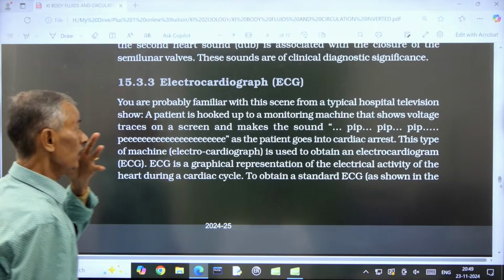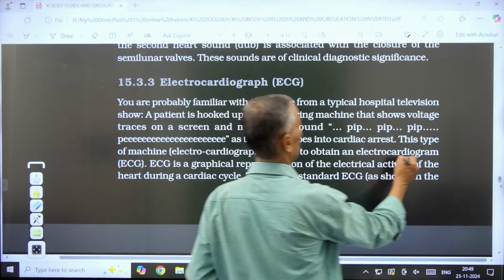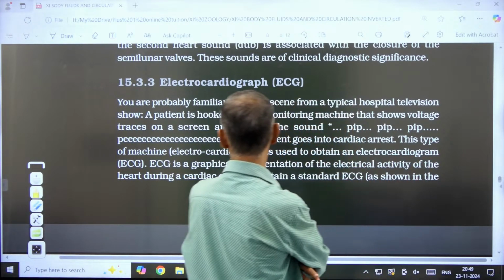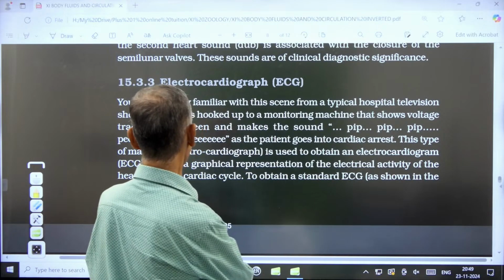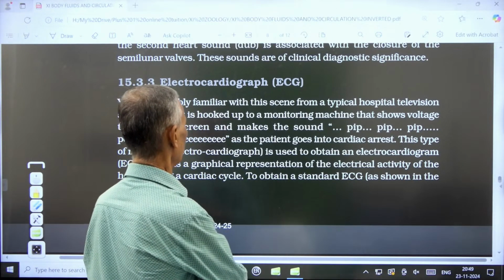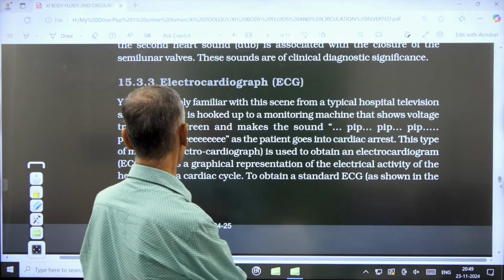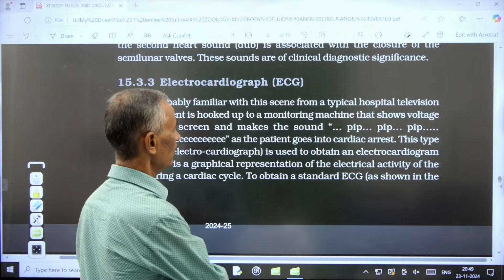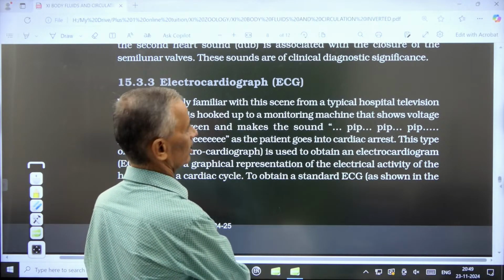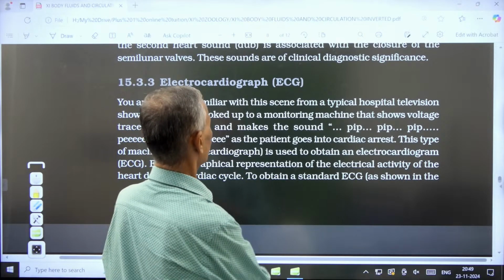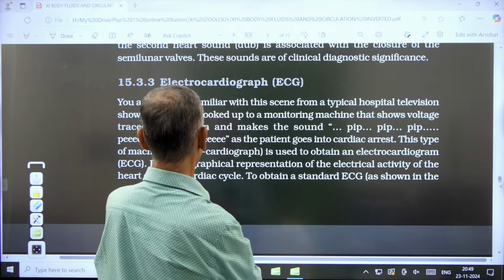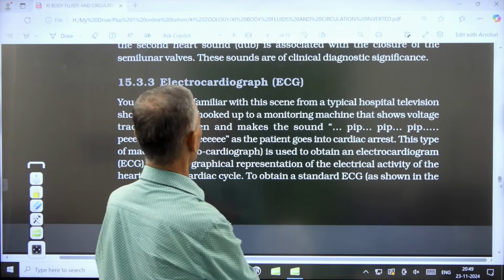ECG is the electrocardiogram. The machine is called electrocardiograph. It is called ECG machine. ECG machine is called electrocardiograph, and the graph obtained is called electrocardiogram. What is that electrocardiogram?